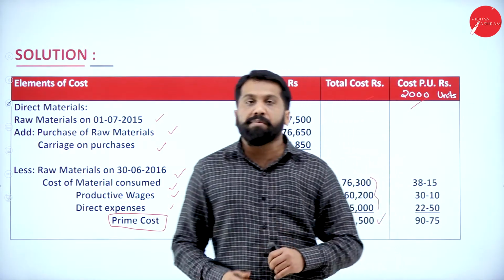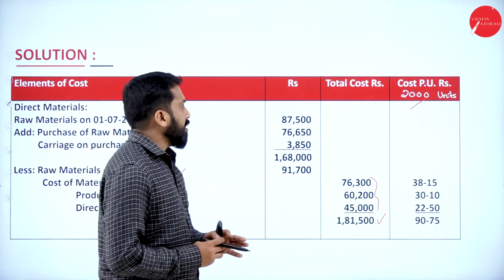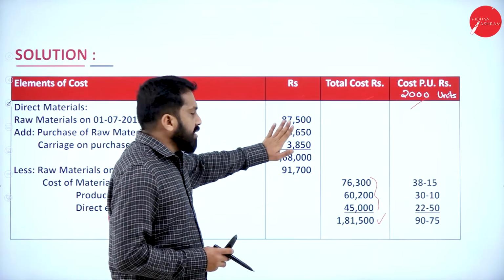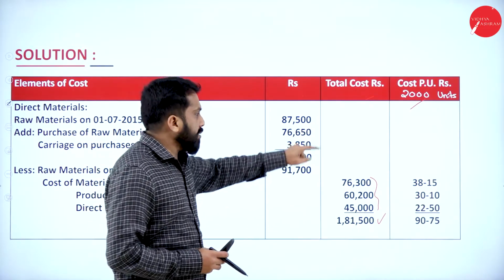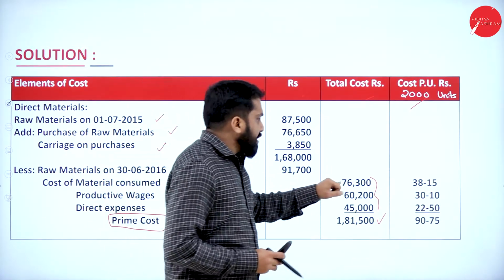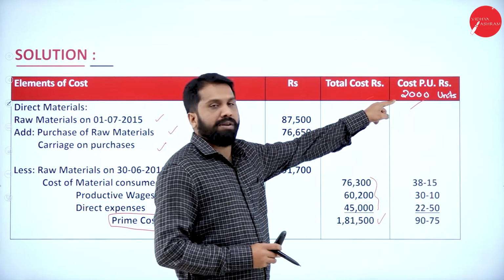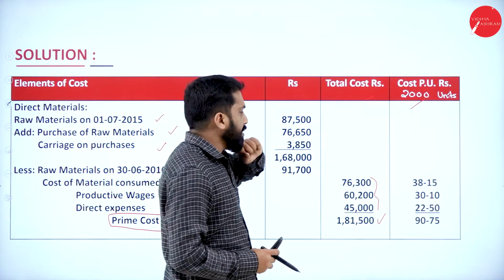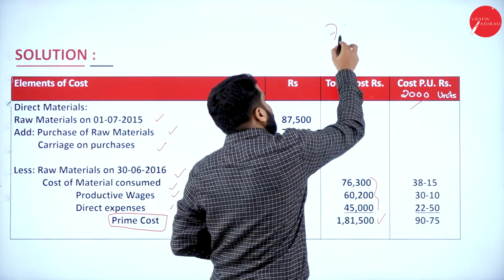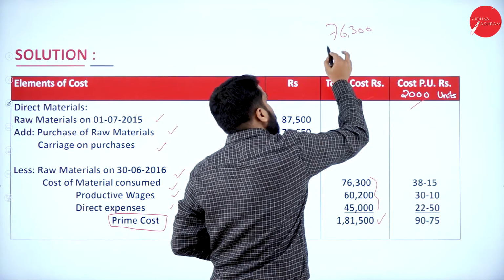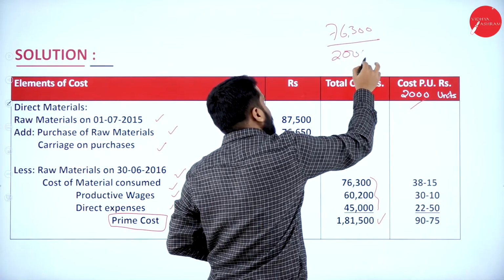1,81,500. Now, what about your last column? Remember, these things we ignore. We take only these numbers. 76,300. What is the number of units? 2000. How to calculate? 76,300 divided by 2000 units.